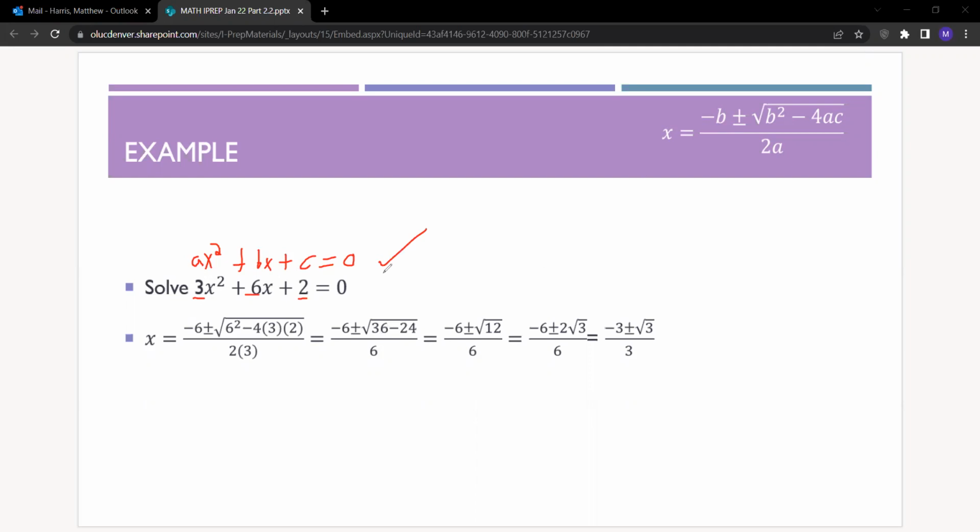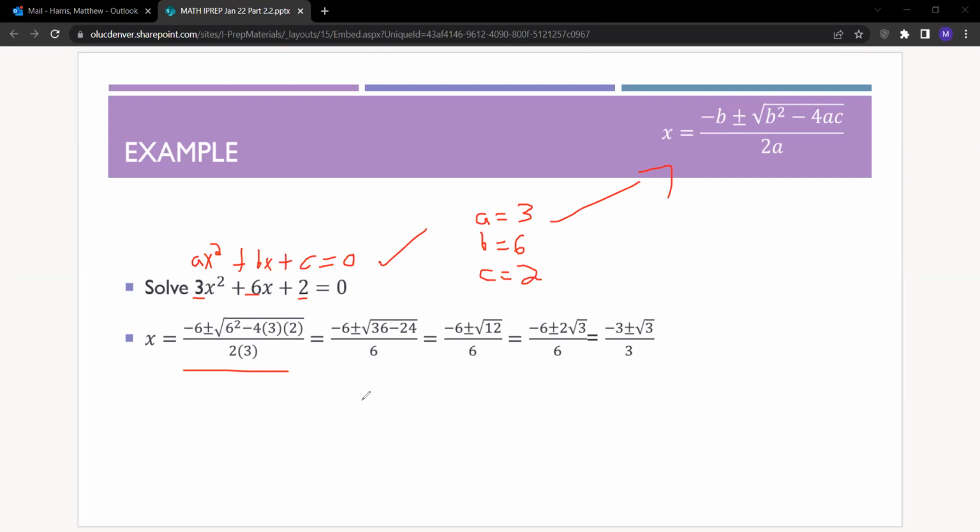So what you'll do is take these: a equals 3, b equals 6, c equals 2. And you plug all those into this guy right here. When you do that, this is what you get.